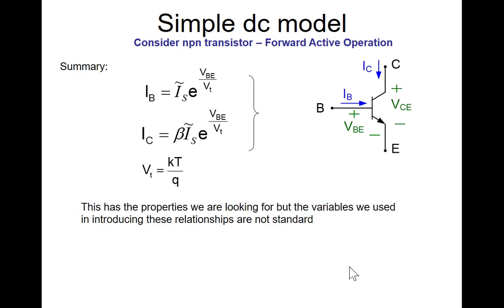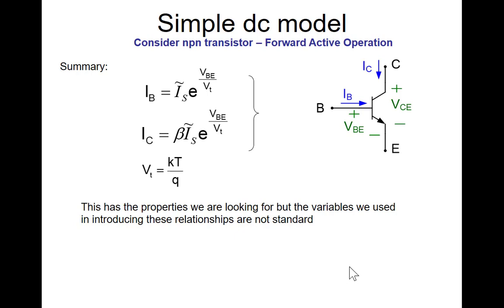There's a problem with this, though. This has the properties we're looking for. It has the right relationship between the port variables, except the notation I use is not standard. So if you go to industry and use this as your model, they'll say, what's IS tilde? I've never seen IS tilde before. Okay.